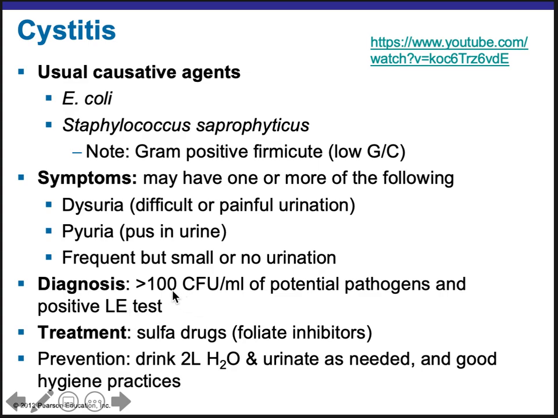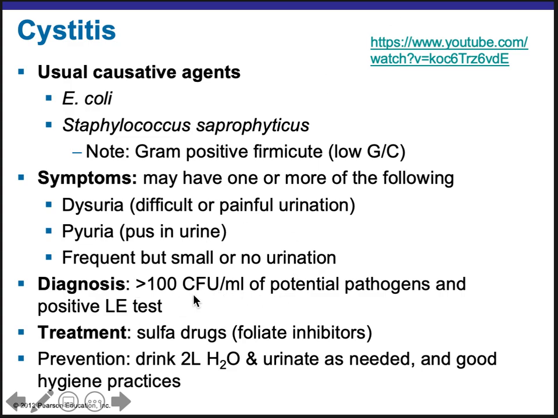If you grow 100 colonies or more, that would be a confirmation of that bacterial infection. But if you have a positive LE dipstick test, they'll give you antibiotics right away. You shouldn't have a huge amount of leukocytes in your bladder being active, right? So that would be an indicator of infection. And of course, we confirm it with the culture.